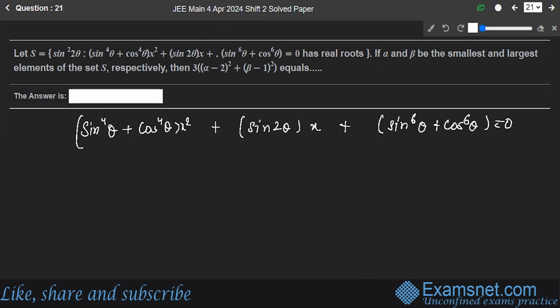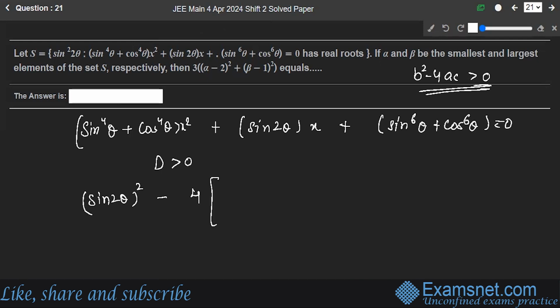This, if it has real roots, that means discriminant is greater than or equal to 0. Discriminant b square minus 4ac is greater than 0. So discriminant, let's write down. You have sine 2 theta whole square minus 4 into a into c. Okay, let's solve a and c also first.